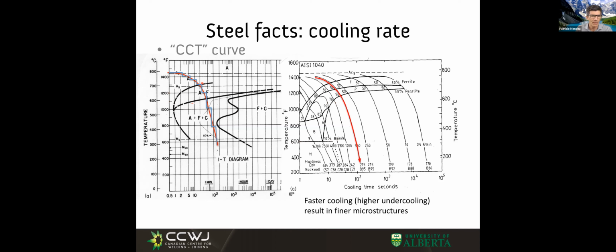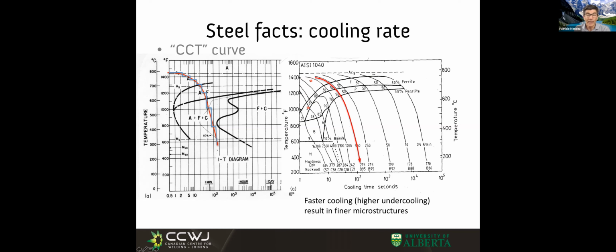You read the diagram on the left like saying, if I hold at 1200 degrees, things happen as I move from left to right. But the diagram on the right, you read following these lines that are marked, that are the lines of continuous cooling. So we have many, many lines.